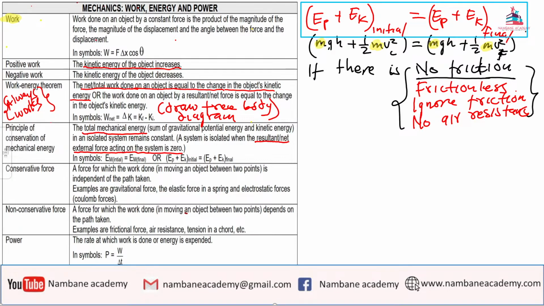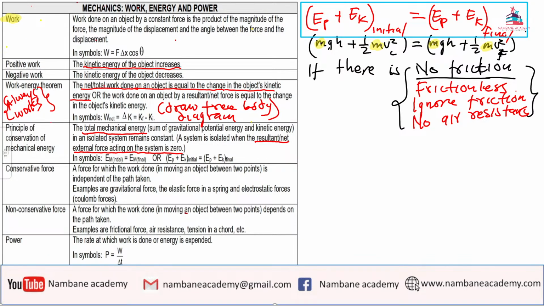The system ignores effects of friction, ignores air resistance, anything that is a hint that there is no friction. It basically says mechanical energy is conserved. So mechanical energy will only be conserved provided that we do not have frictional force.